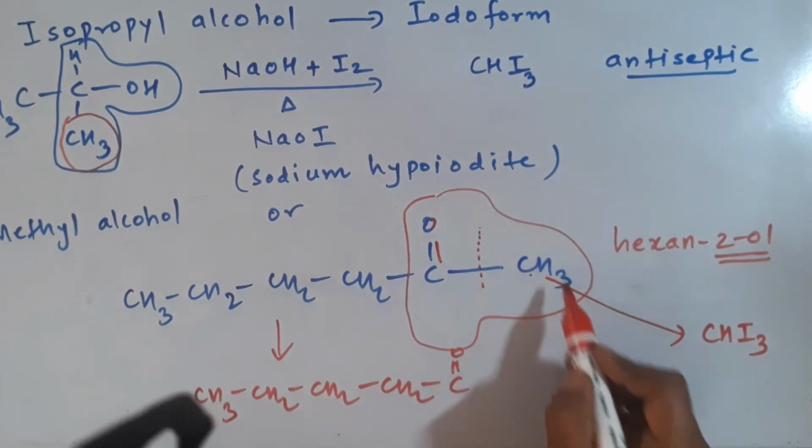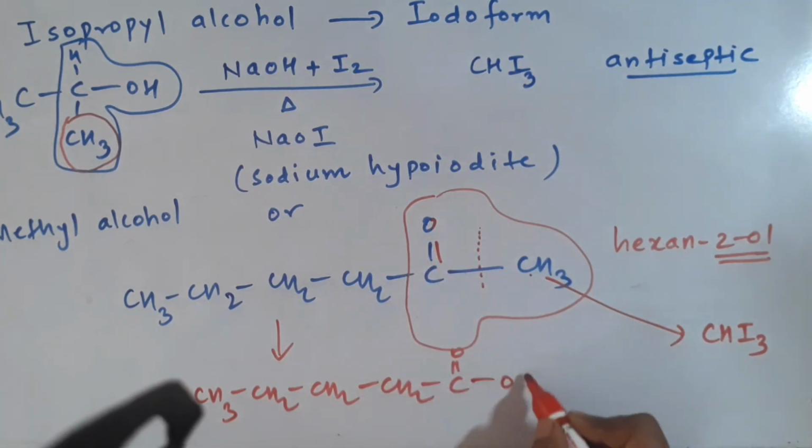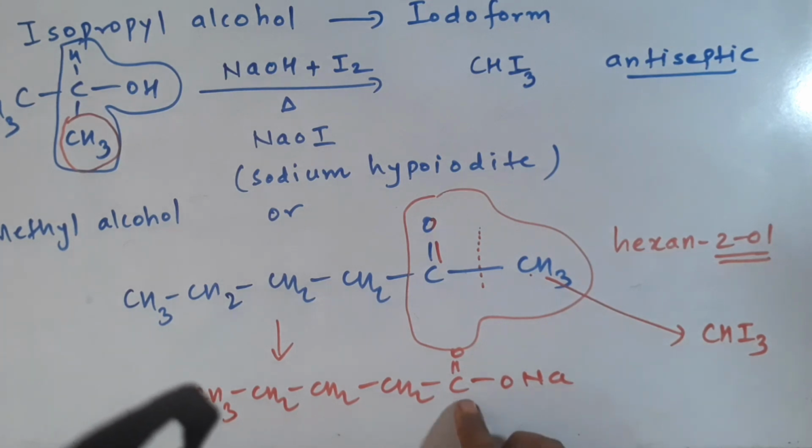First it will become CI3 and then CHI3, and here you will attach C double bond ONa. So the first part will become the iodoform and the second part will become the sodium carboxylate, 1, 2, 3, 4, 5, so sodium pentanoate.